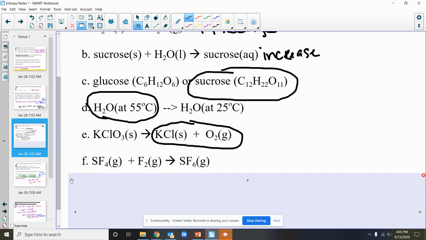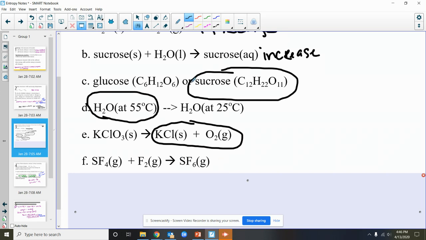All right, this one's the last one on this page. I have gas, gas, gas. So all of my phases are the same, so there's no change in state there. So again, look at the number of molecules you had. Here I have SF4 and I have fluorine gas. They're combining to form 1 mole of sulfur hexafluoride. So again, because you have multiples combining into one, you're actually creating less disorder.